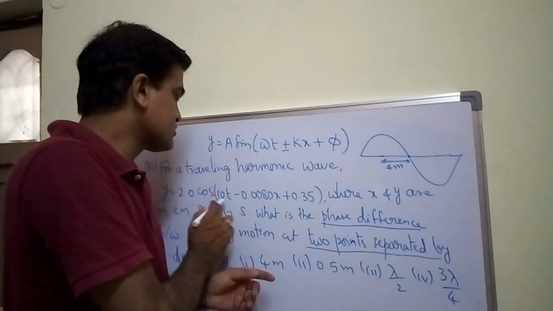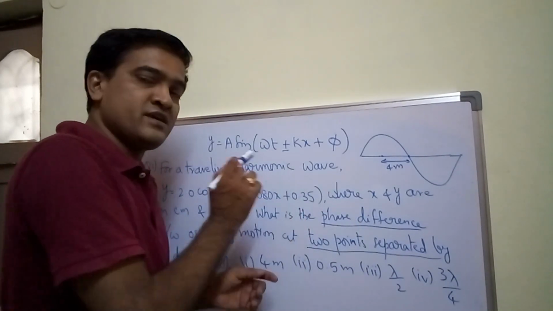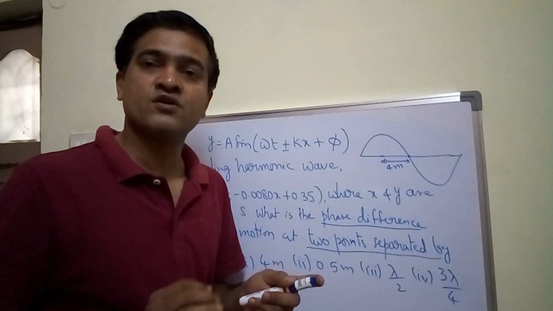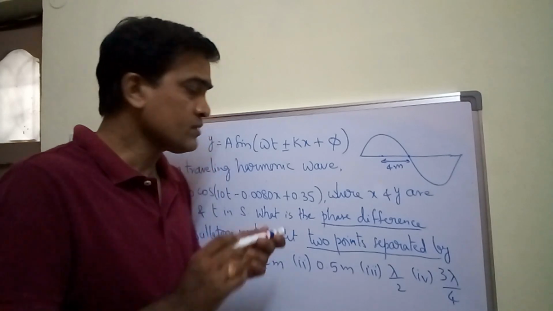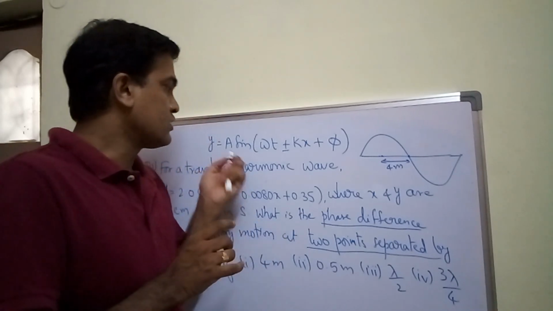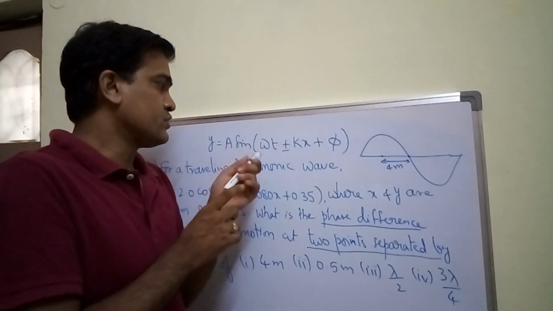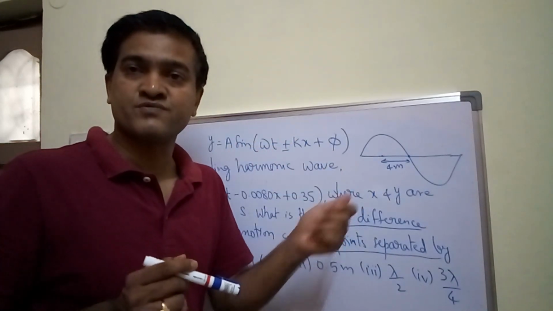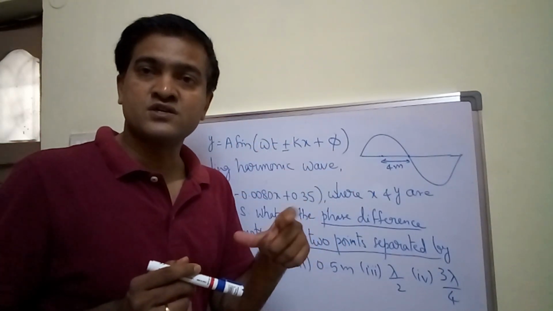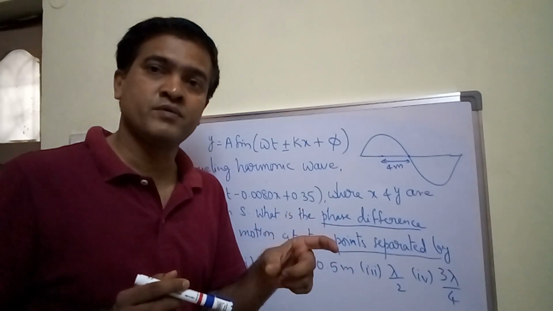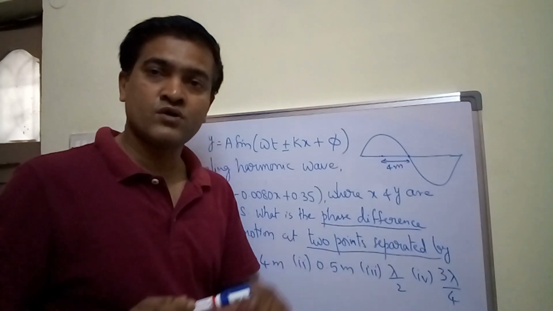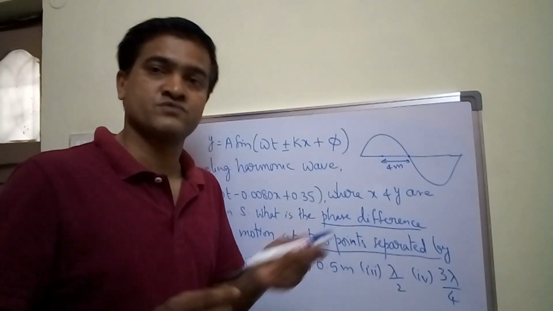A cos wave is also a representation of the equation of a plane progressive wave. Not only this form, you can also write a cos(omega t plus or minus kx plus phi). That is also considered to be the equation of a plane progressive wave. You can express it in either sine or cosine form.